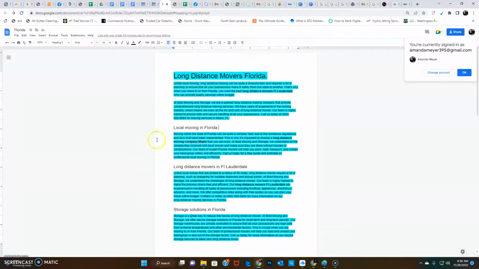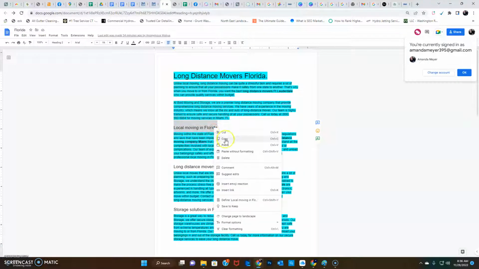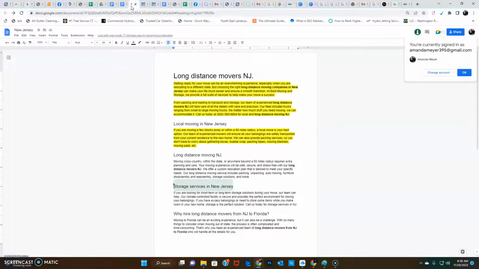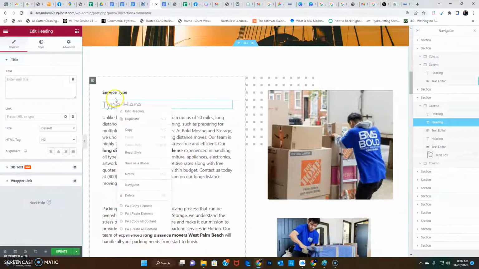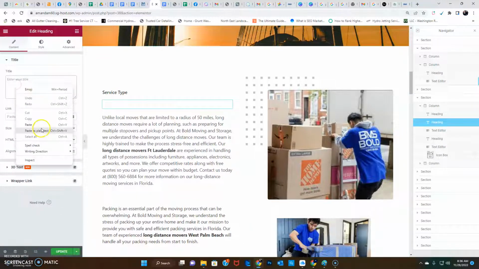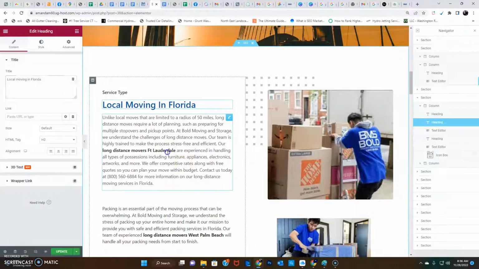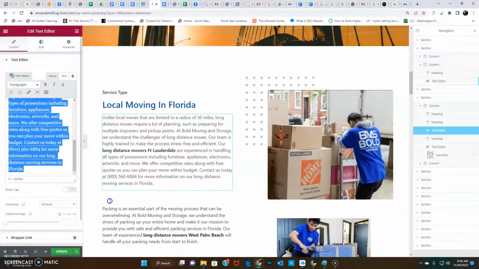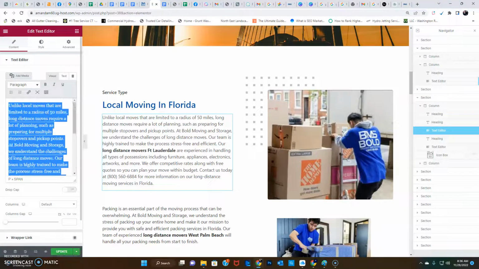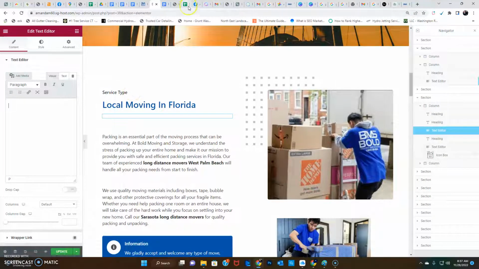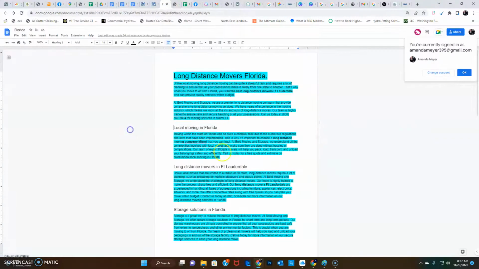So this is going to be the local moving in Florida. Okay, this is going to be local moving.